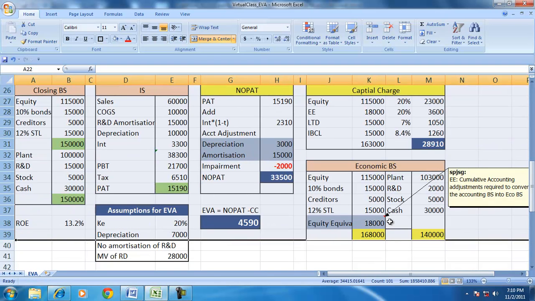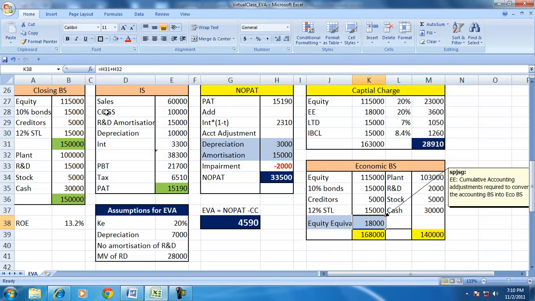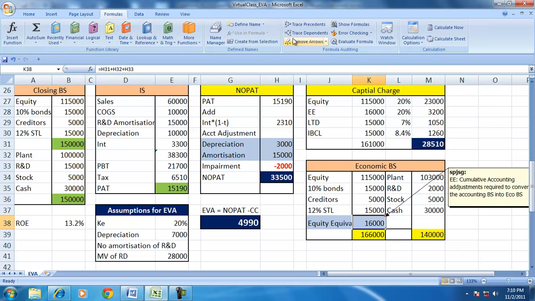In the balance sheet you can see the equity equivalent will now be not 18,000 but 16,000, because the equity equivalent comprises the adjustments, which are depreciation, amortization, and the impairment. In the income statement we have not shown the impairment, but in the NOPAT we are showing the adjustment for the impairment too.